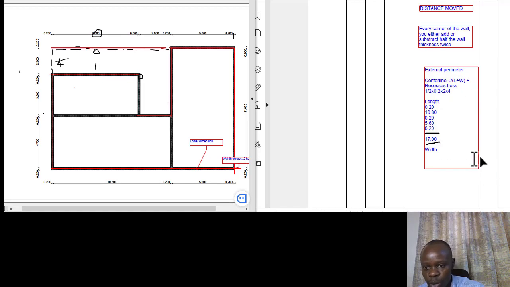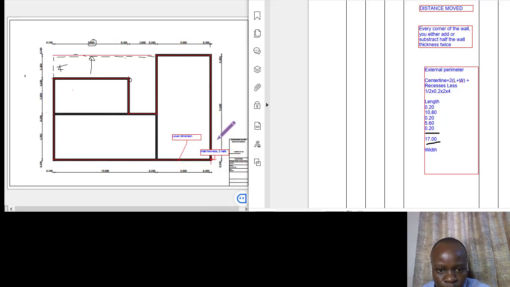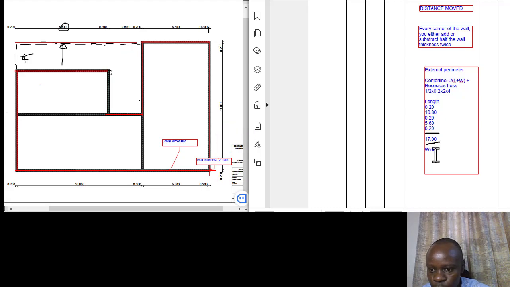When you do that, we calculate the width now. The width for the longer part will be 0.2, and then we add 11.00, and then we add also 0.20.